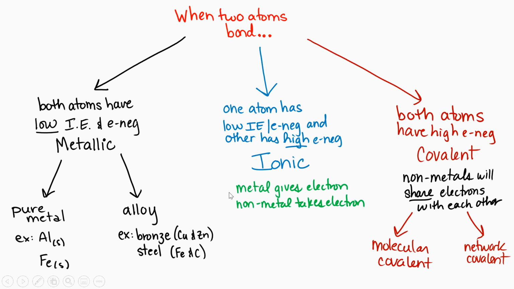Your metal is going to give electrons to the nonmetals, forming positive and negative ions, which stick together due to that Coulombic attraction. And when you have both atoms with high electronegativities, so both nonmetals, you have covalent bonding, and your nonmetals are going to share electrons with each other. They could either share electrons in small groups of atoms, called molecular covalent, or they could form a large three-dimensional network, called network covalent.